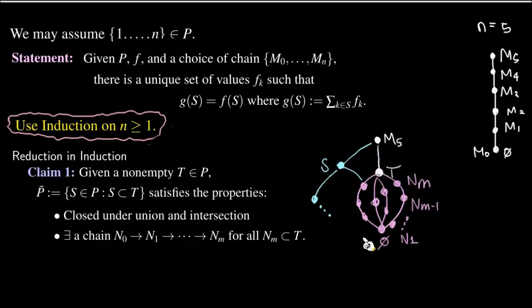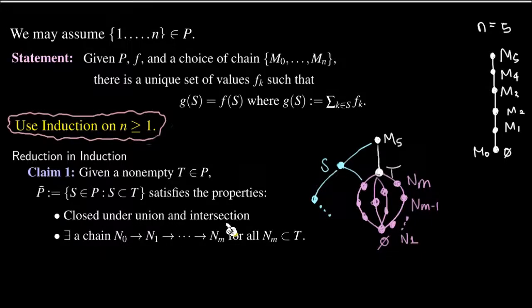And the key thing is that this new collection, necessarily constructed out of fewer elements than 1 through n, actually satisfies the properties of the collection we're considering.